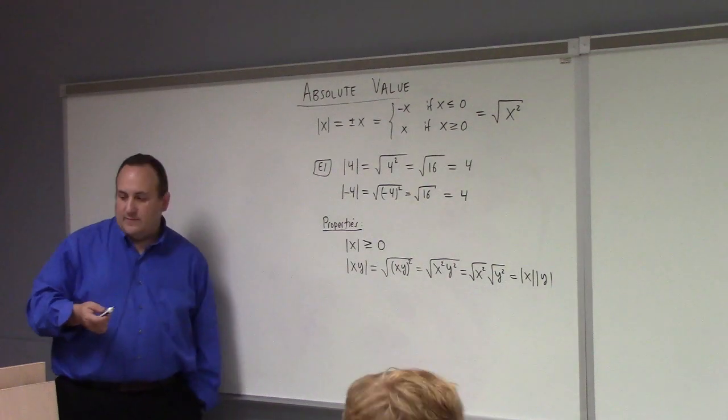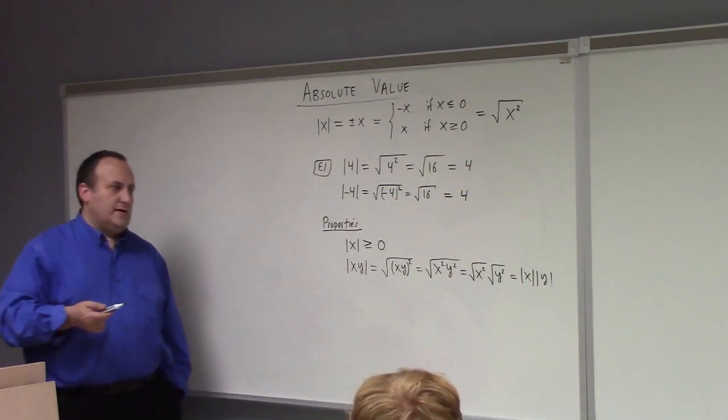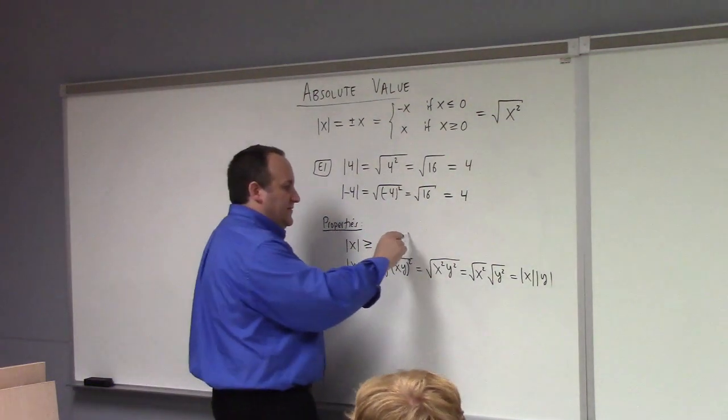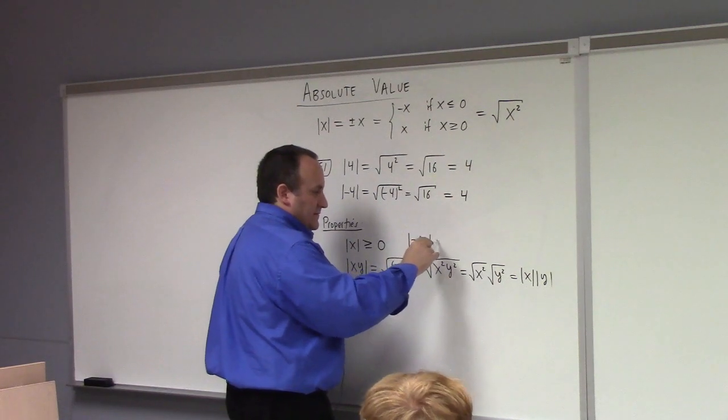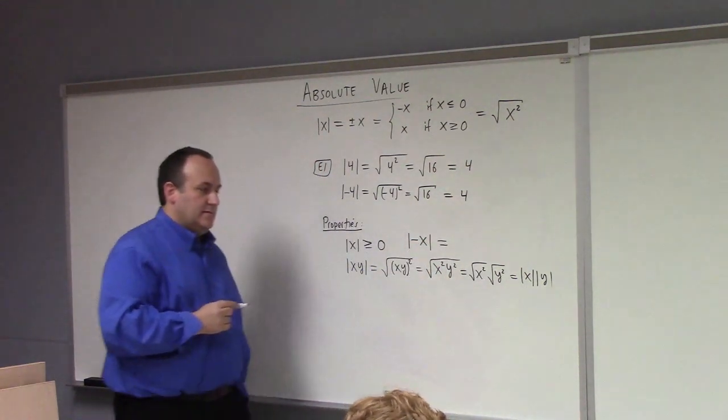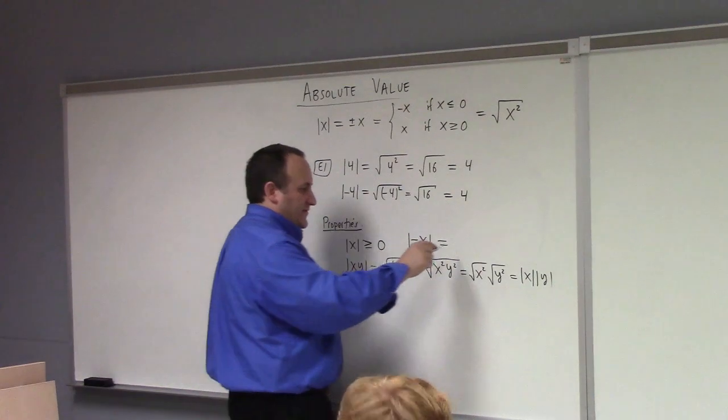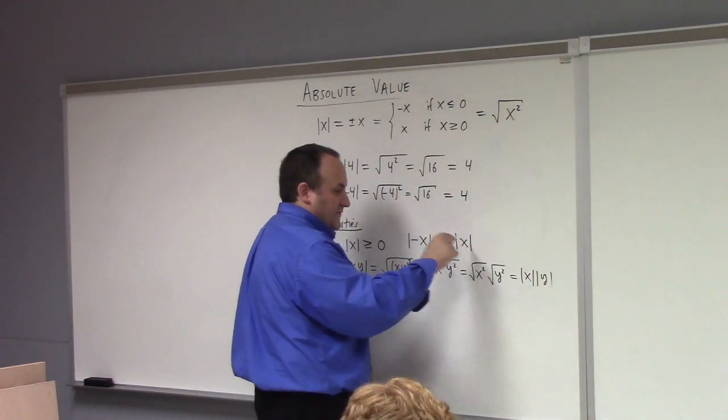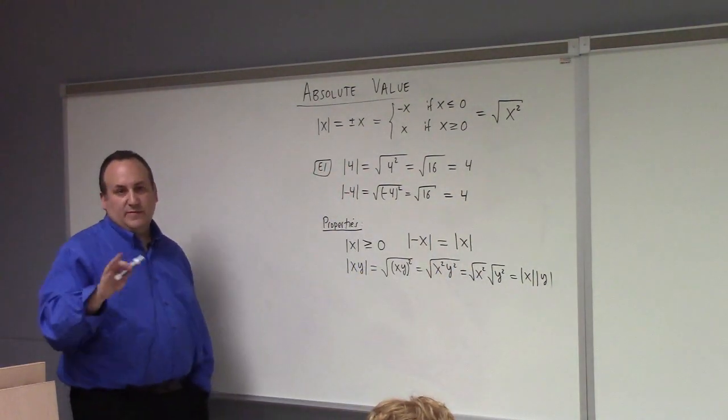What's another nice thing to know about absolute value? What does absolute value do to minus? Yeah, it just gets rid of it. Now, it doesn't just make it x, it makes it the absolute value of x, right? That could be plus or minus x.